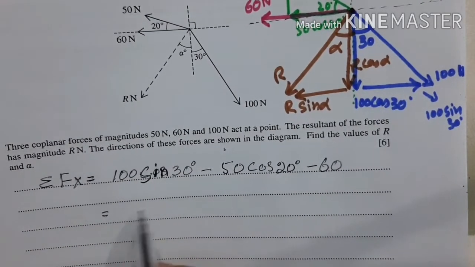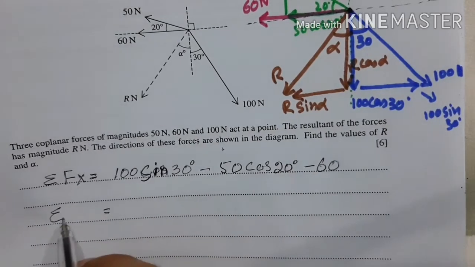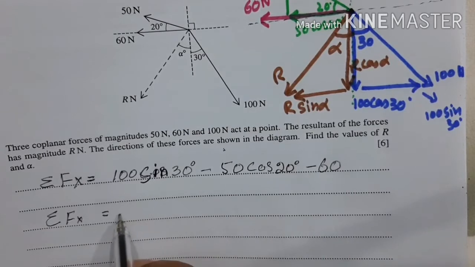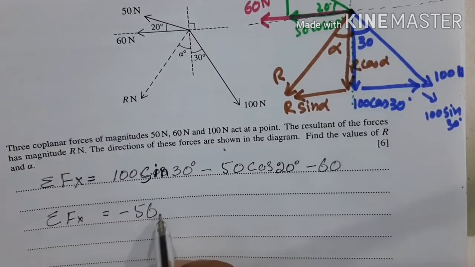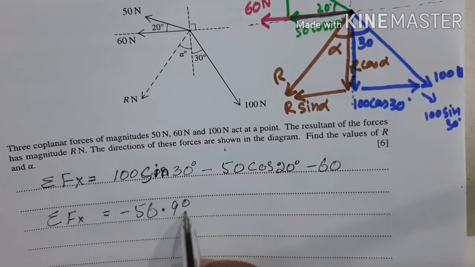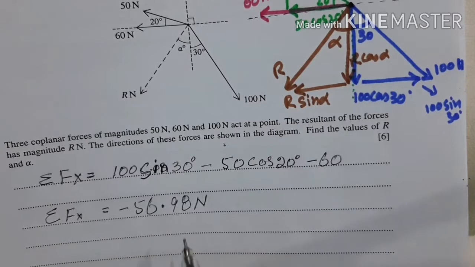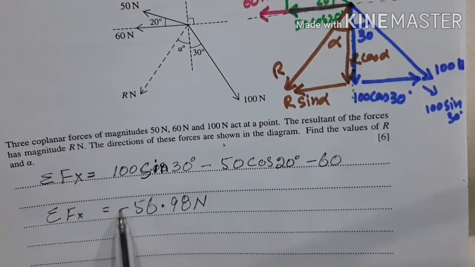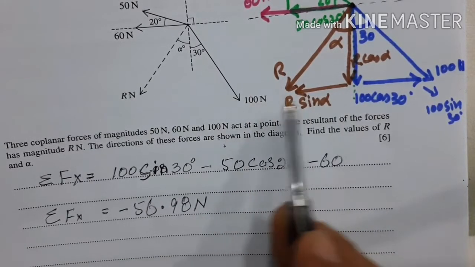So by solving with the calculator, I will get sigma Fx is equal to minus 56.98 newtons. This is the sum of all the horizontal forces. This negative sign is showing that this force is on the left side.